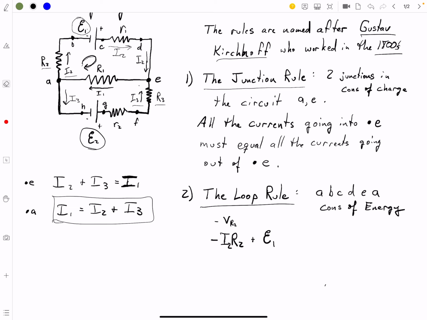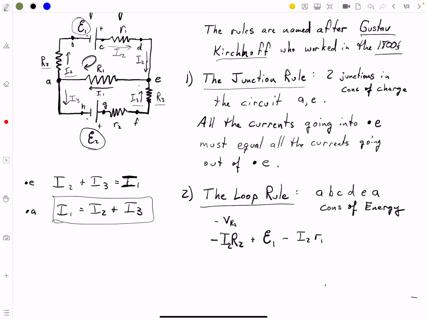So then we're going to do another drop across I2, across R1, the internal resistance 1. So we've got our I2 times R1. Then we're going to come across to point E. Everything's good.